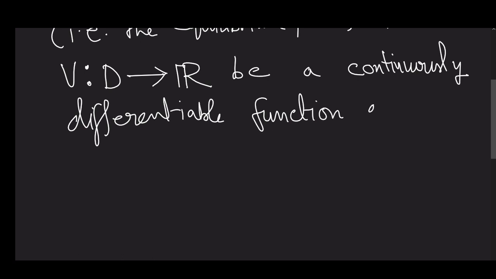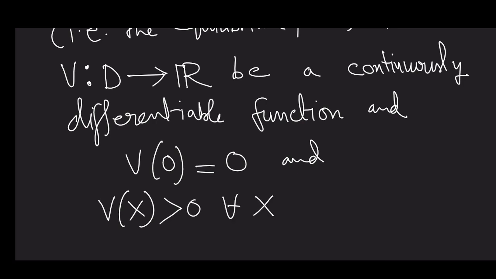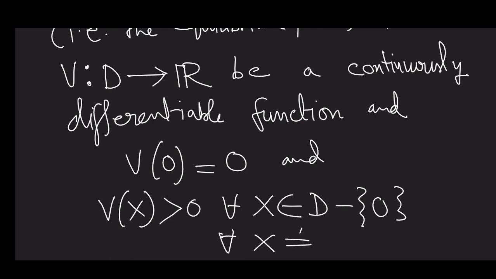And V(0) is equal to 0, and V(x) greater than 0 for all x belonging to D, x not equal to 0.